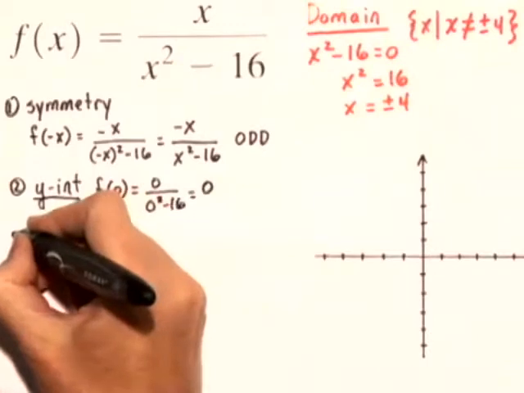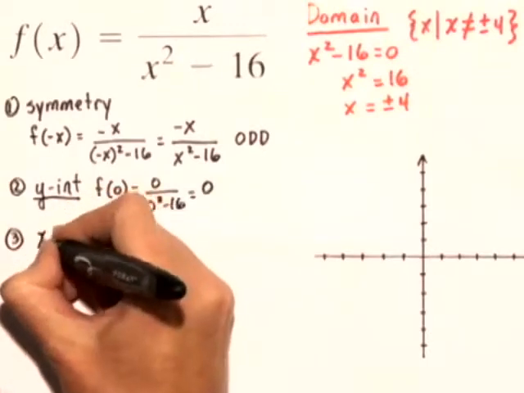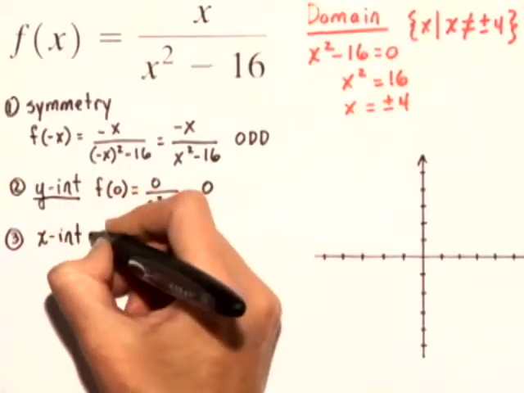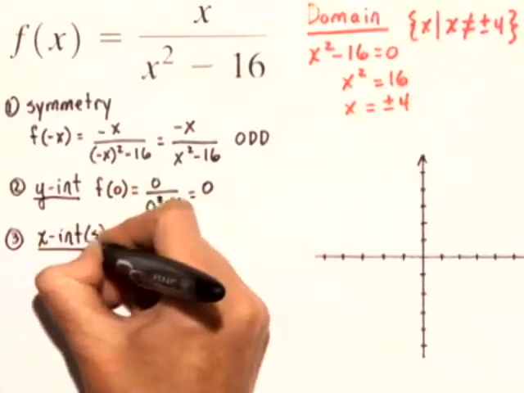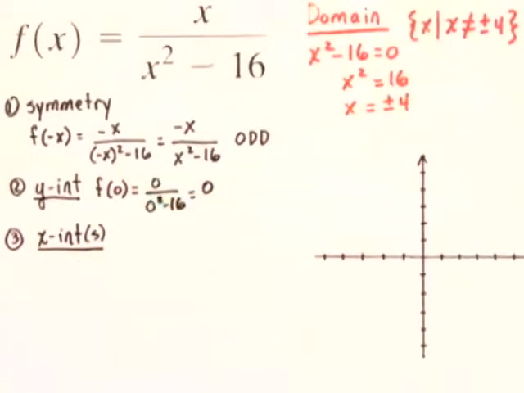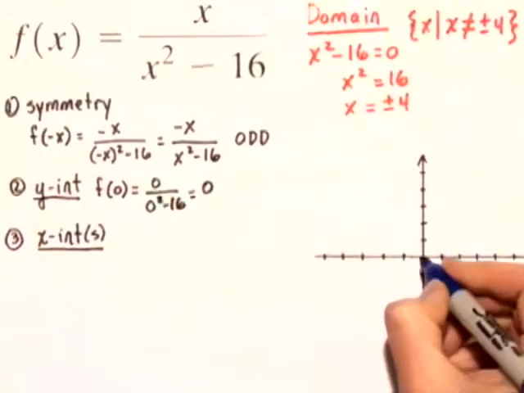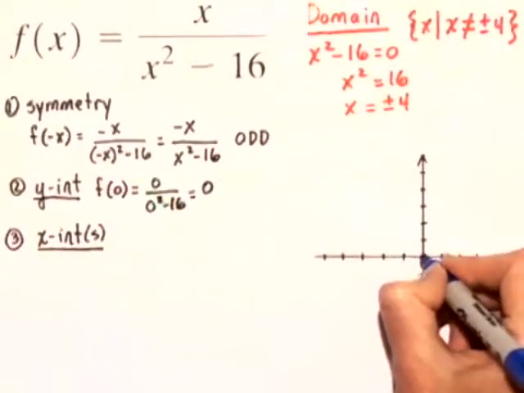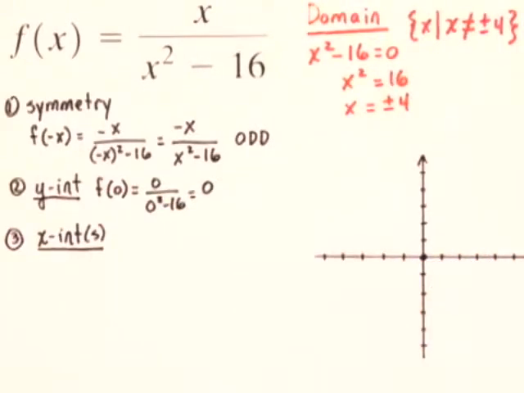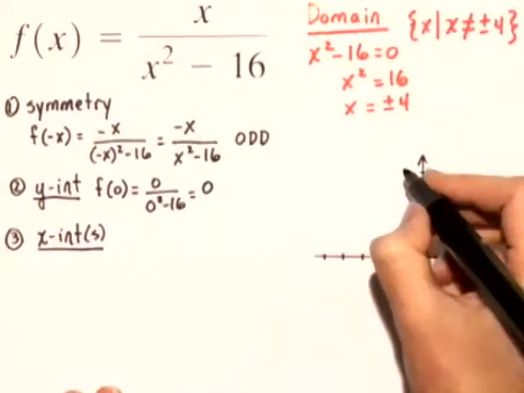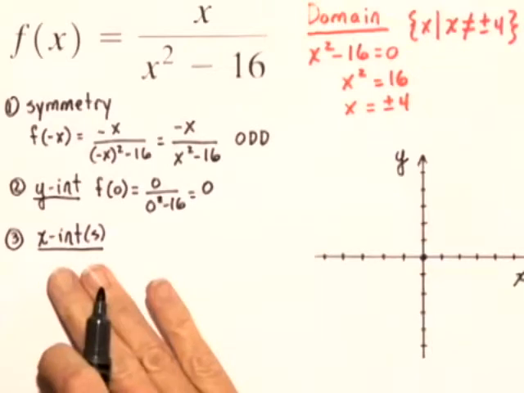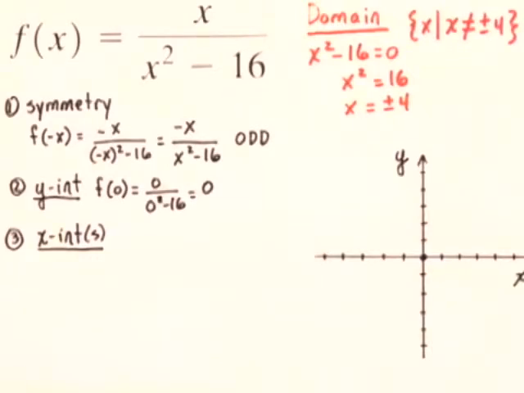So in step 3, we want to find any x-intercepts. Now, anytime we have a y-intercept of 0, clearly the x-intercept is 0 as well, but there may be additional x-intercepts. So let's see if there are any additional x-intercepts.